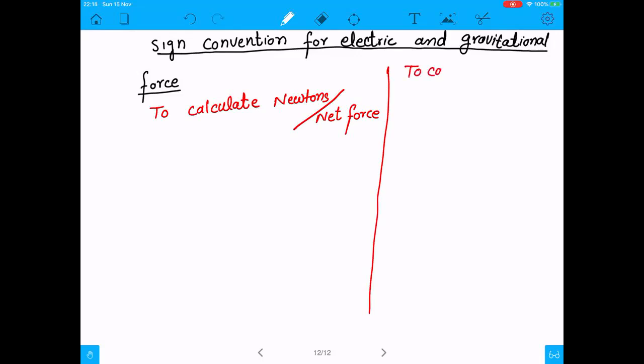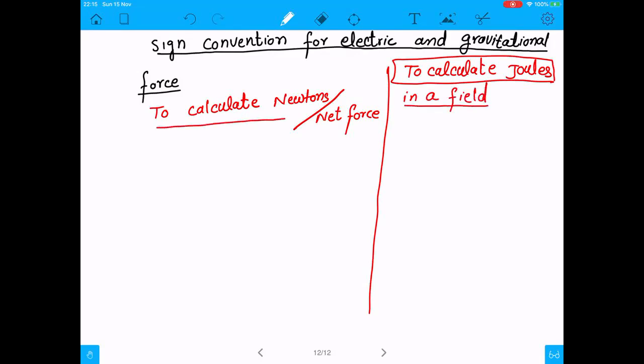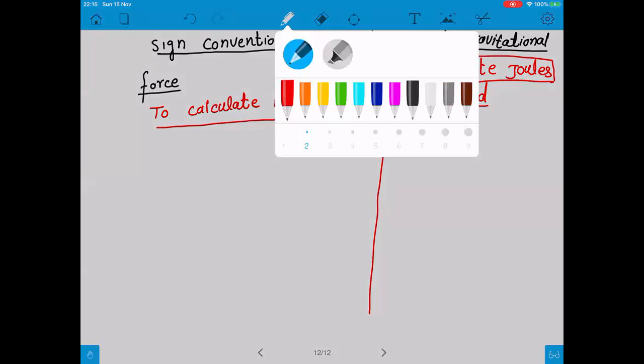And if you are calculating the electric work, to calculate joules, these joules could be gravitational joules, electric joules, joules in a field, the sign convention will be different. So we have two sign conventions. One is for the calculation of newtons, and the other is for the calculation of joules.